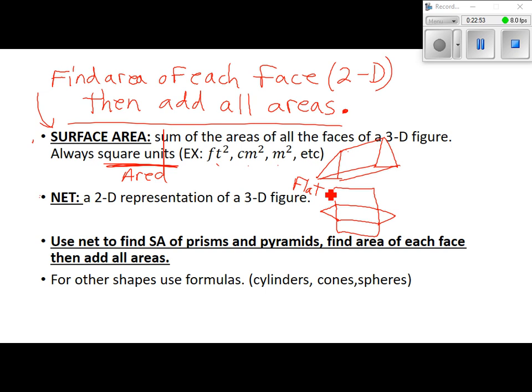When we find the surface area, this is what we want to do: find the area of each rectangle, all 3 of those areas, and then also the area of the 2 triangles, or the 2 bases. We really only have to find the area of one of them, because the bases have to be exactly the same. Then we add all of those areas together.